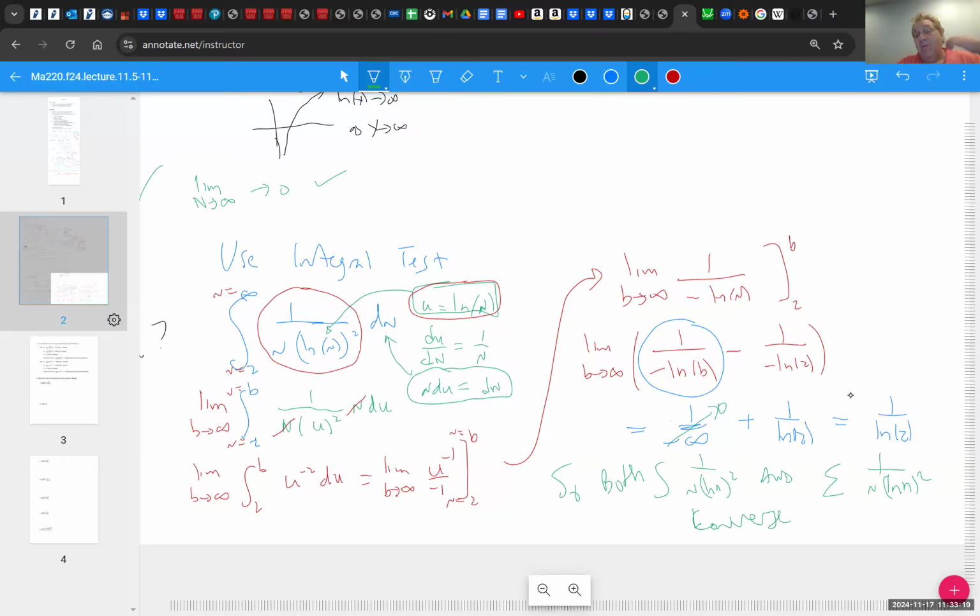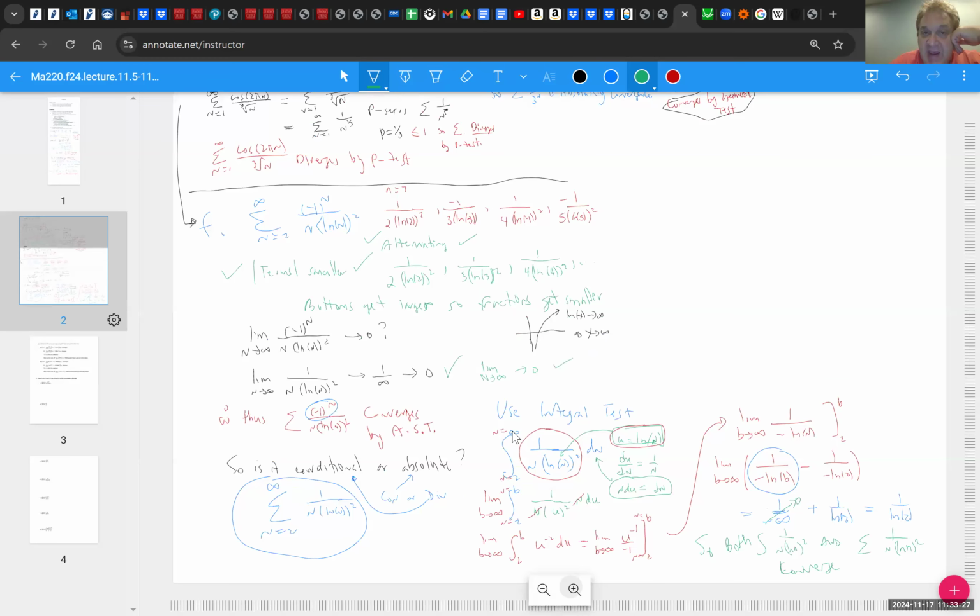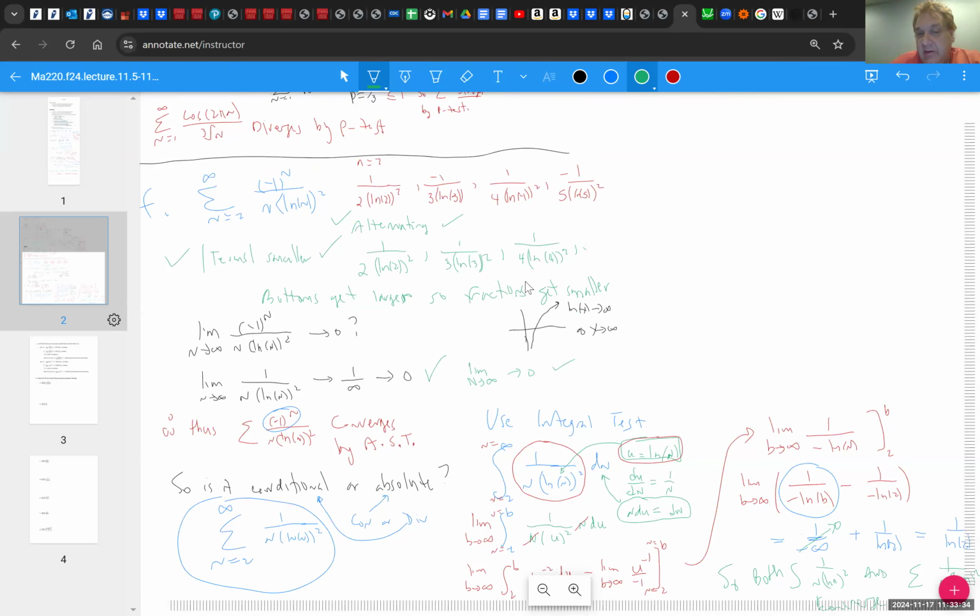All right. So now we have our final conclusion. This is example F. We now know that we have an alternating series where the terms get smaller and the limit goes to 0. So we knew that we have a series which converges. We have a converging alternating series.